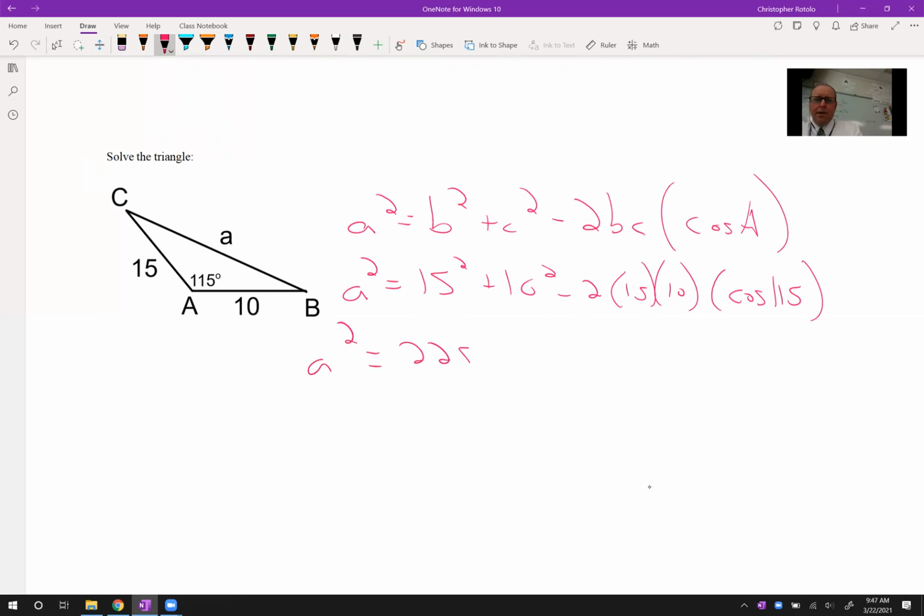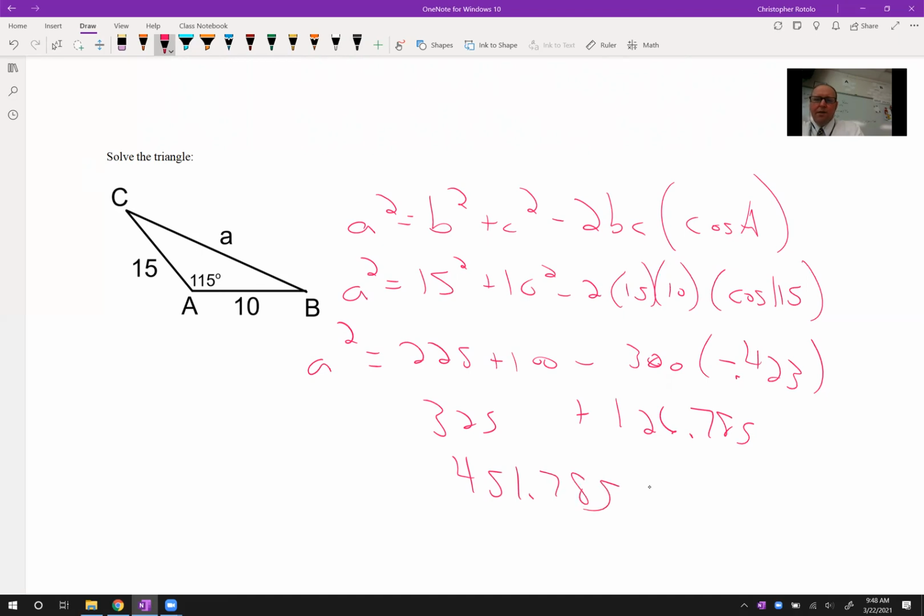I get 225, I get 100, we got minus 300 times negative 0.423. Okay, so I got negative negative here, so this is going to turn into plus, like 126 and a decimal. All right, so we should be somewhere around 451.785, and we're going to take the square root of it because that's what a squared is.